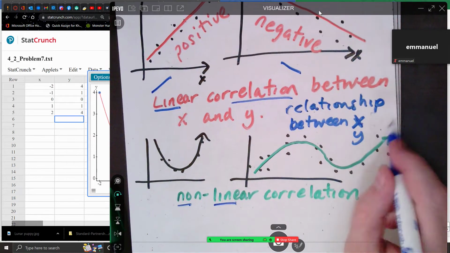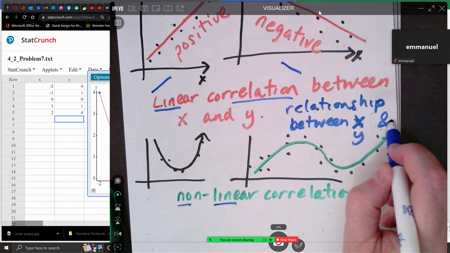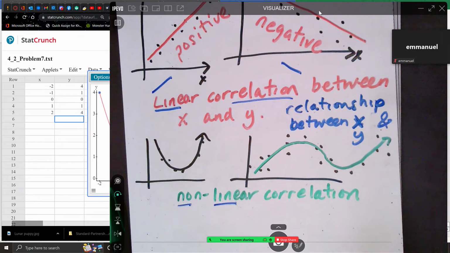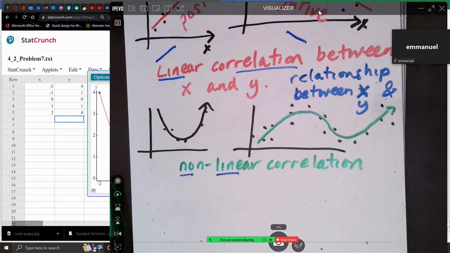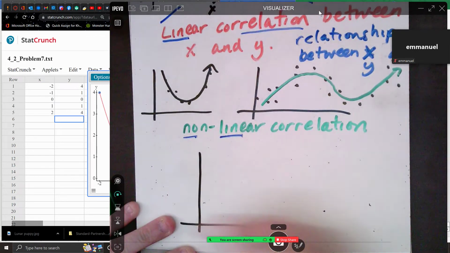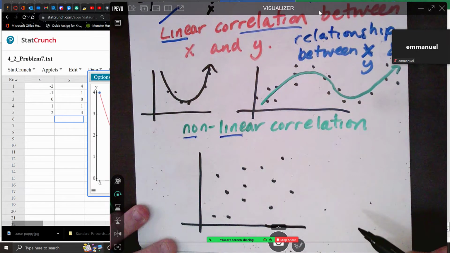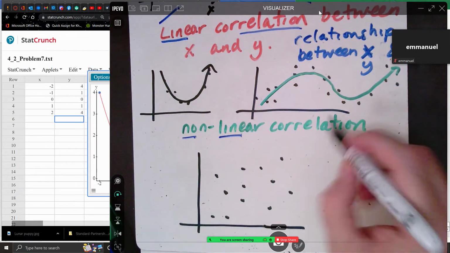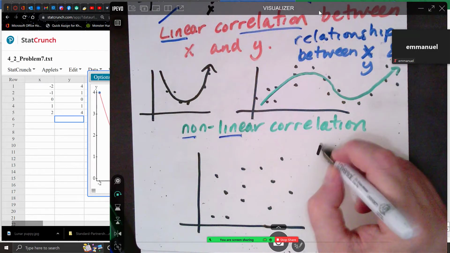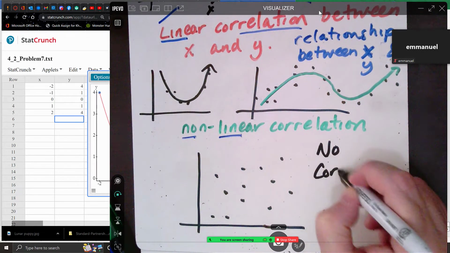That should be an and symbol. Ampersand. There we go, that's what it's called, right? And we could have a graph that just looks like this, where there is no relationship or no correlation.